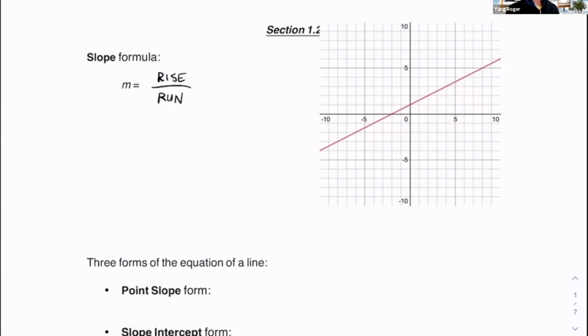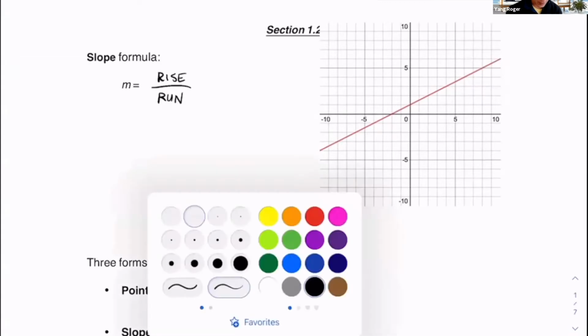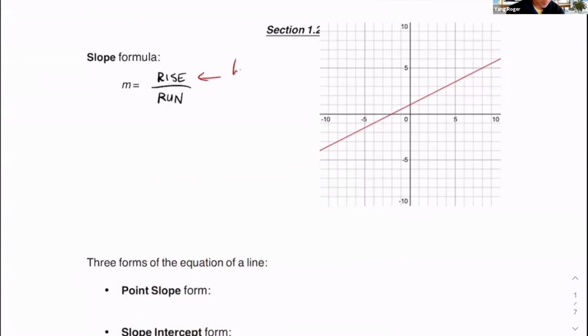I don't know how much I like this. I like the word rise because rise implies this sort of verticality. Rise is really how much it goes up, and the run is really how much we go over.